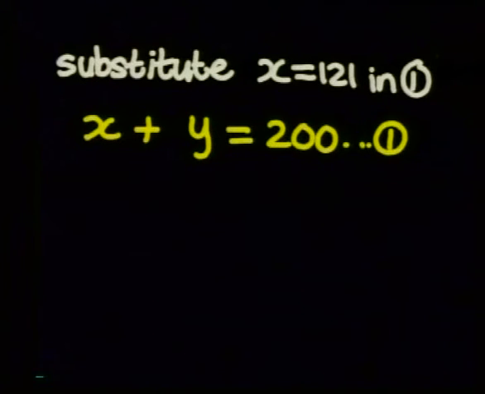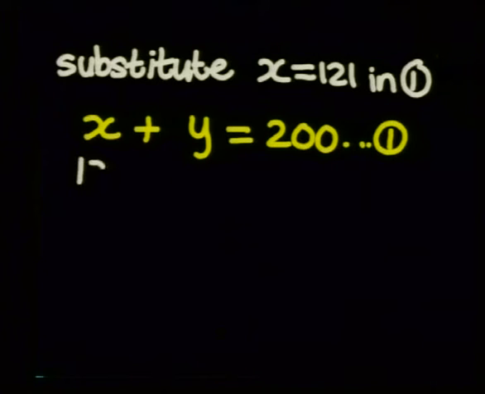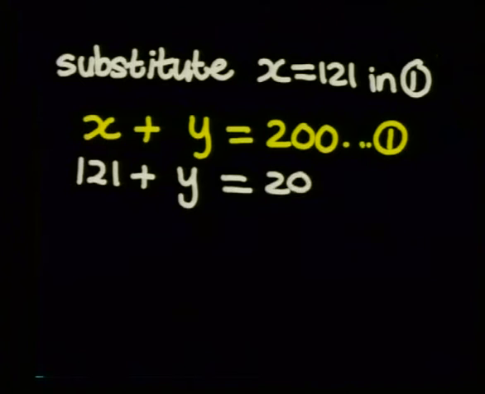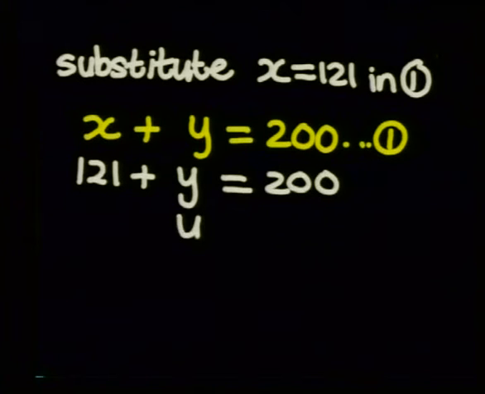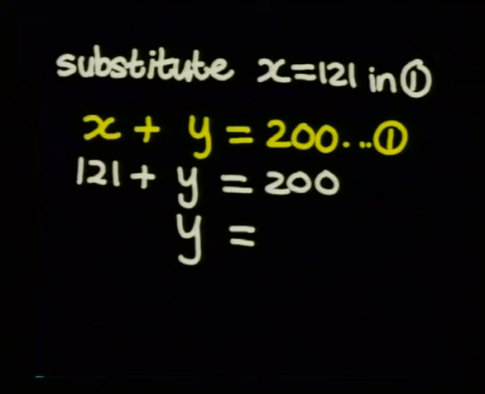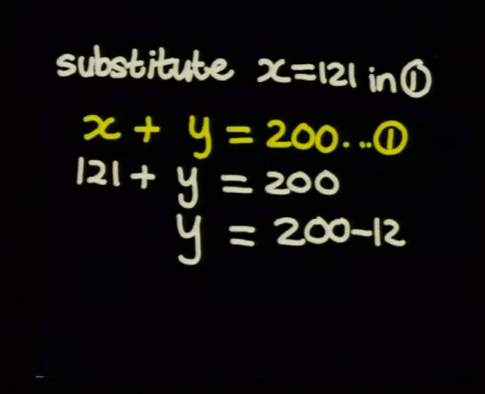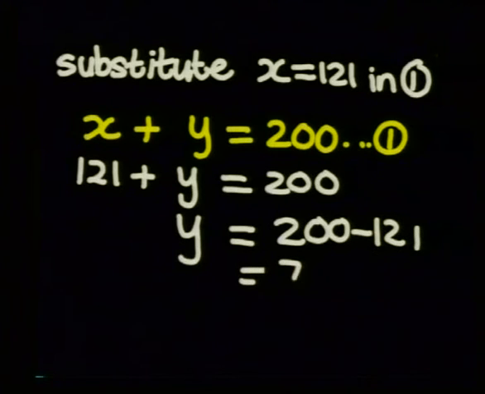I can find y by substituting x equals 121 into equation 1. I get 121 plus y is equal to 200. To solve for y, I get y is equal to 200 minus 121, and that gives me 79.